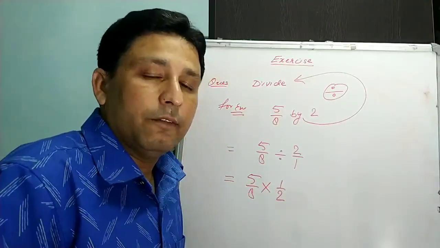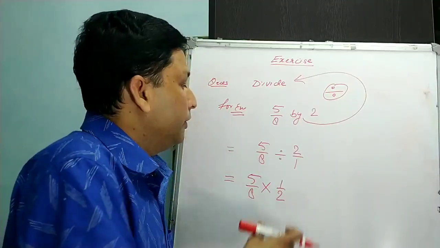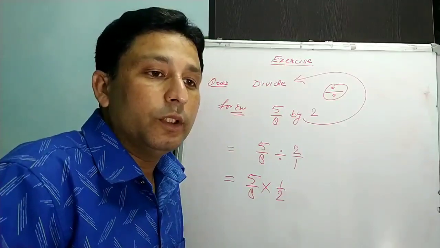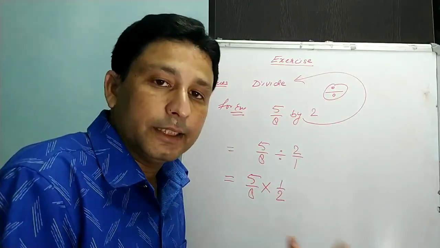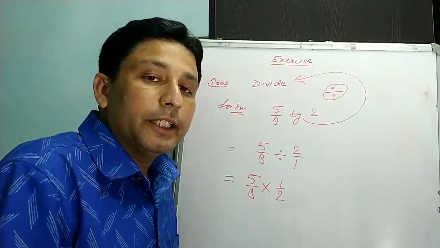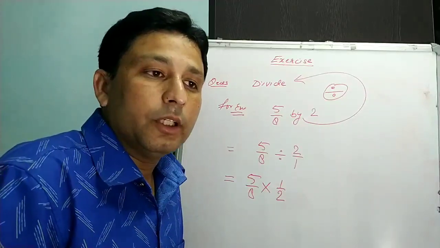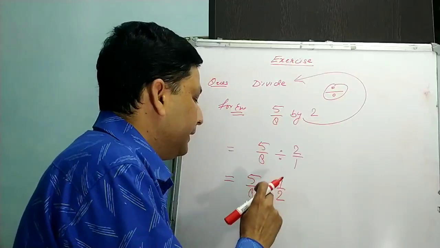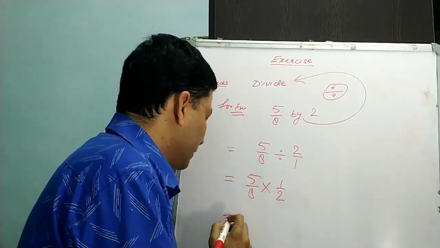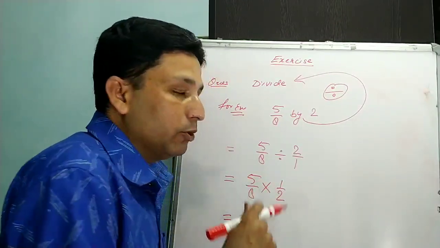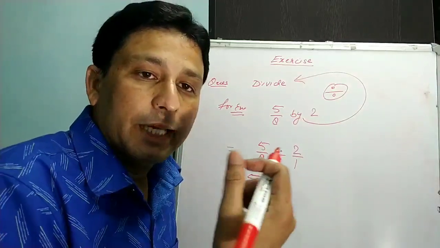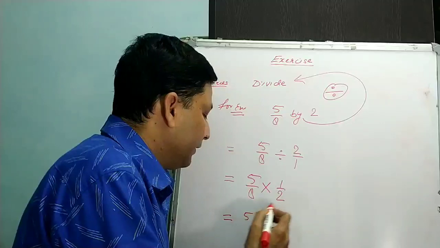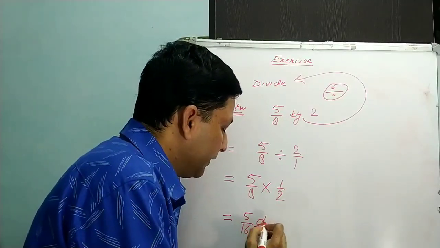Now remember always that whenever you find a divide symbol before any rational number, it means you will do the reciprocal in the next step. So here after reciprocal we will get 1 upon 2. Now in the next step, you can see that no numerator can be divided with any denominator, so we will do only the multiply, that is 5 ones are 5 and 8 twos are 16, 5 upon 16. That is the final answer.